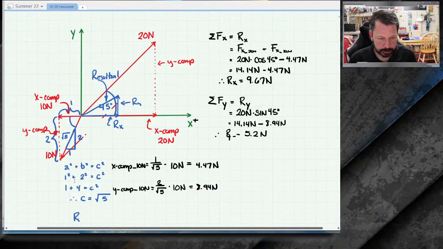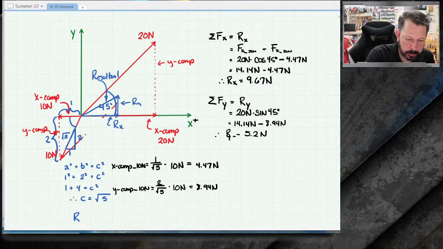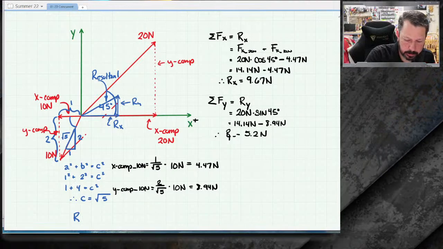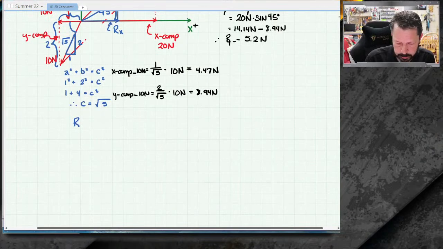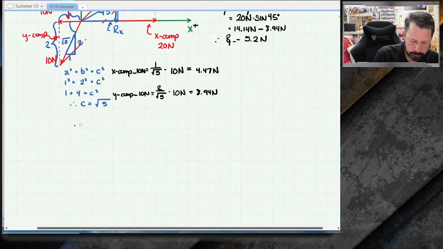I wonder if this has decided to cooperate yet. Maybe it has. It's acting a little weird.